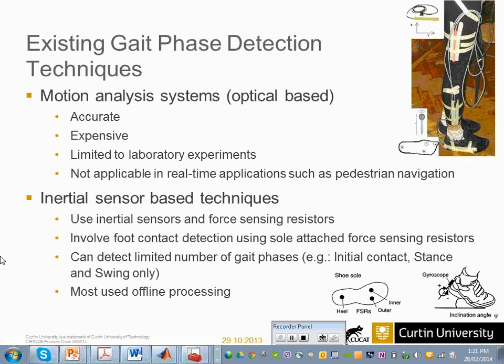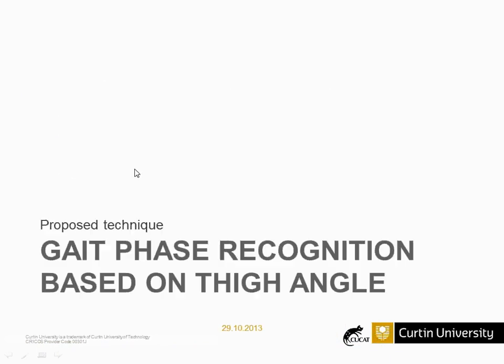And the initial contact, because they have a sensor attached just under the heel, so they can detect the initial contact point. And if all the sensors give a pressure reading, that means the leg is in stance. But they could not detect the other subphases by any means. In all the papers that I have read, they could not detect the other subphases.